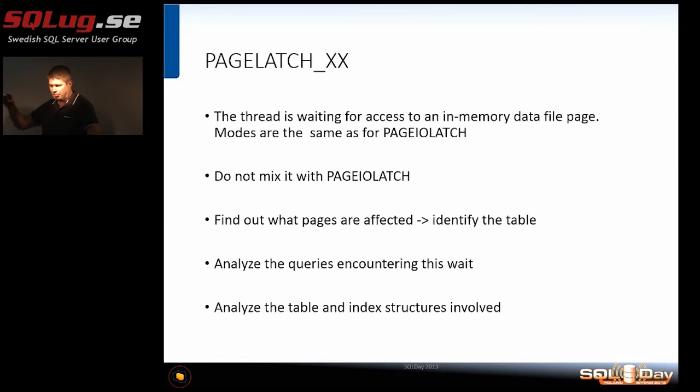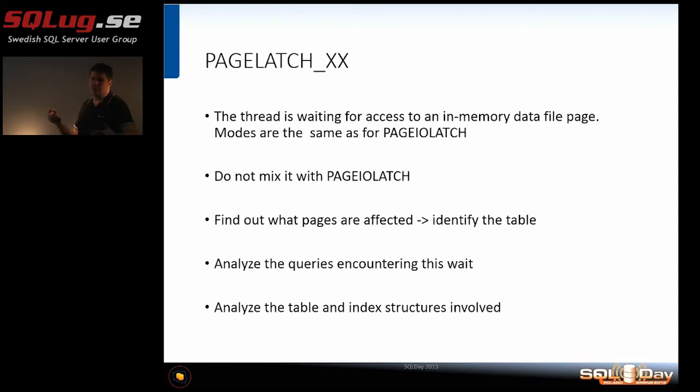Page I/O means disk. Page latch means that you are protecting data buffers. If we are protecting non-data buffers, like an intermediate level of an index or the root level, we'll see latch without the page at the beginning. So latch is for the non-data pages. Page latch is for data pages in memory.